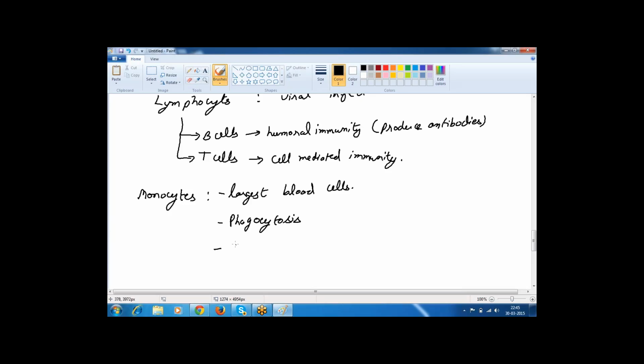They become macrophages. Just like we did basophils, they later on become mast cells. So these also become macrophages and go in tissues. They settle in tissues as macrophages.